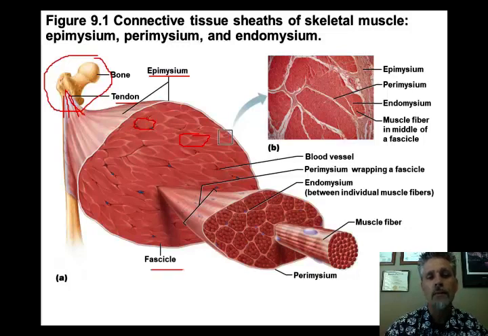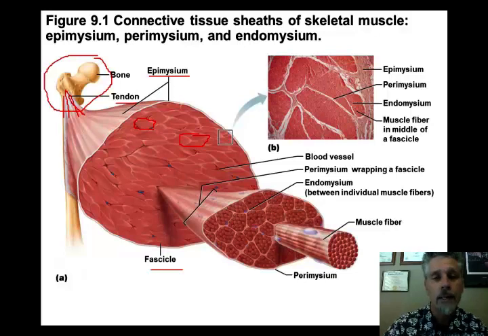The fascicle is a bundle of muscle fibers, and when we look inside of it, we have individual muscle fibers. So this one thing right there is going to be a muscle fiber. What is it? A muscle cell, right? So a fascicle is a whole bunch of muscle cells.